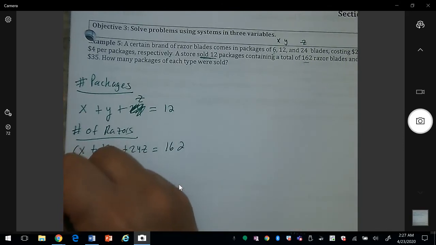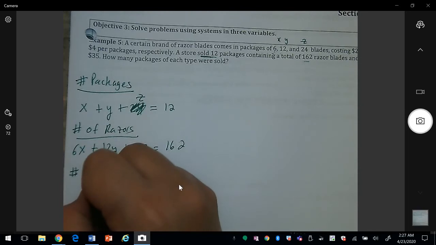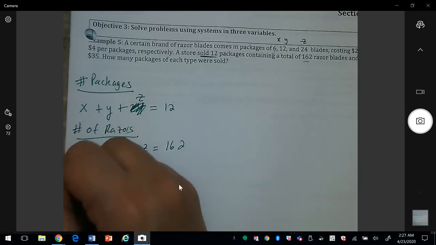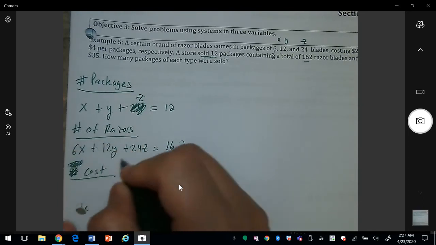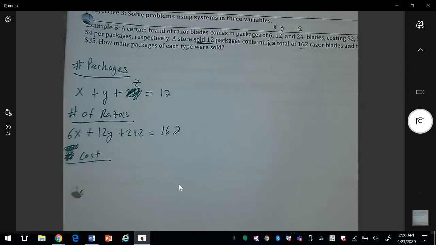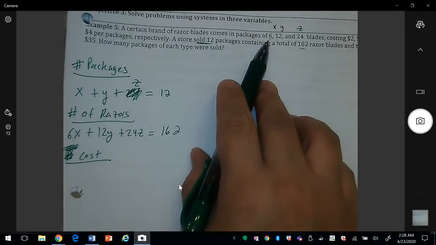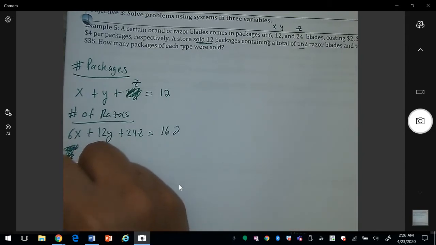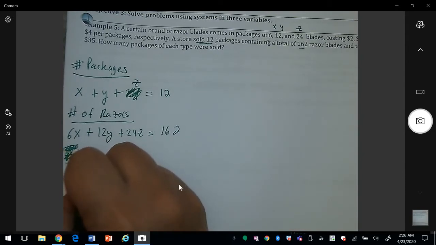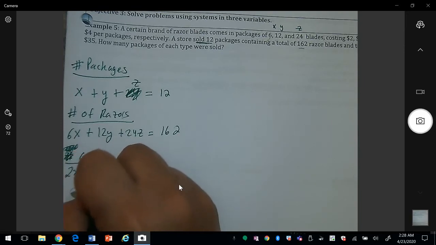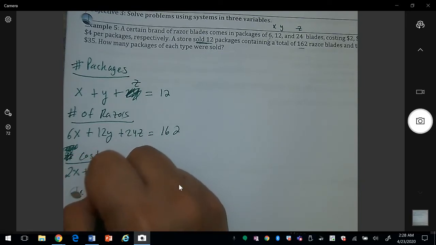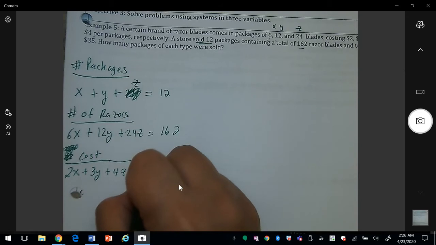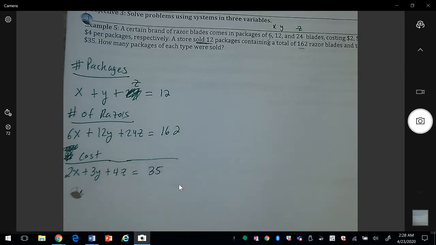And then the third situation is the cost. So we know that the 6 packages cost $2. The 12 one costs $3, and the 24 one costs $4. And altogether, we made $35.